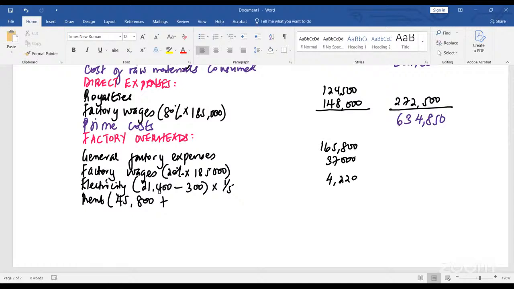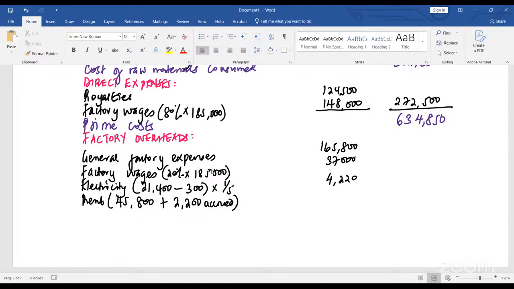So we are supposed to pay 48 millions, but they have only paid 45.8, meaning that there is a 2.2 M. This is accrued. Okay, that is accrued because our total rent expense should be 48, but they have only paid 45.8. So there is a 2.2 million that is accrued.